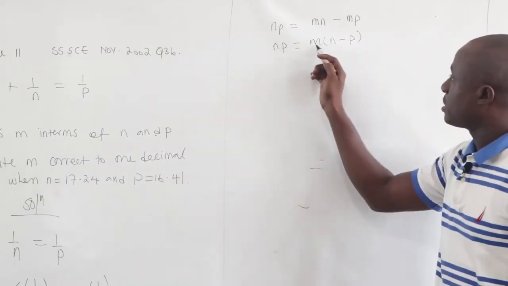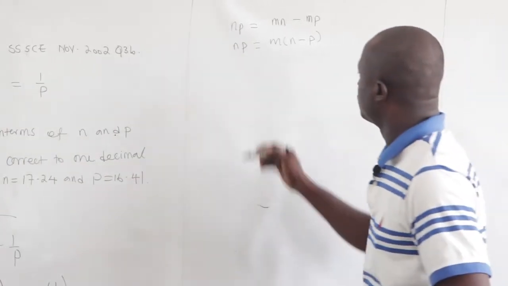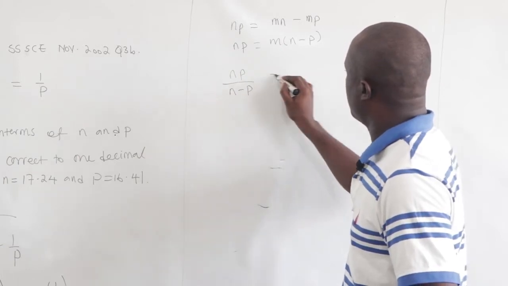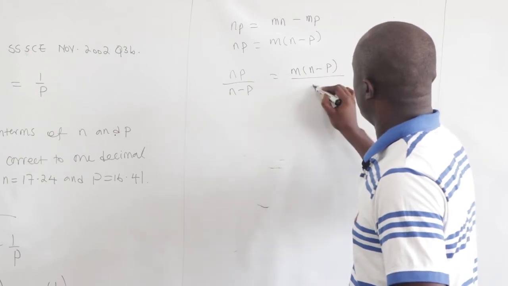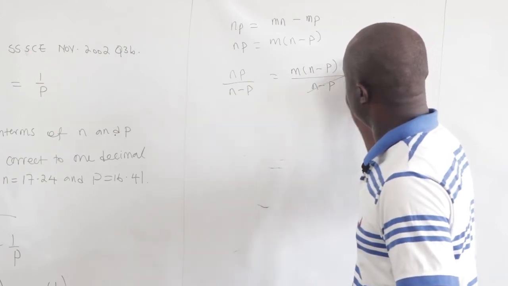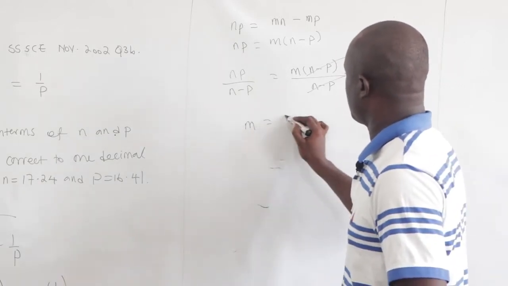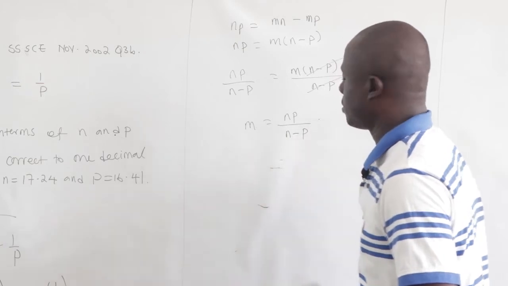We want to make m the subject. So what do we do? We divide by what is multiplying the m, which is n minus p. So you have np all over n minus p equal to m times n minus p all over n minus p. Now this is cancelling out that. So what do you have? We have our m equal to np all over n minus p.